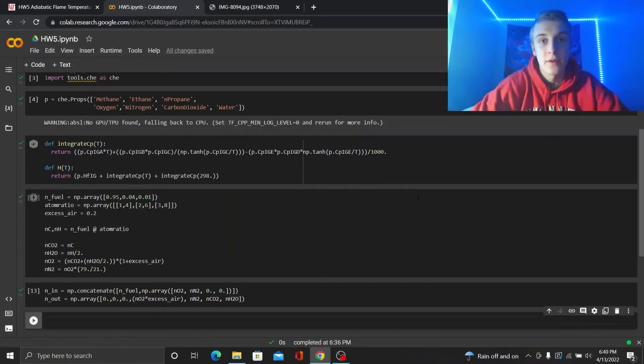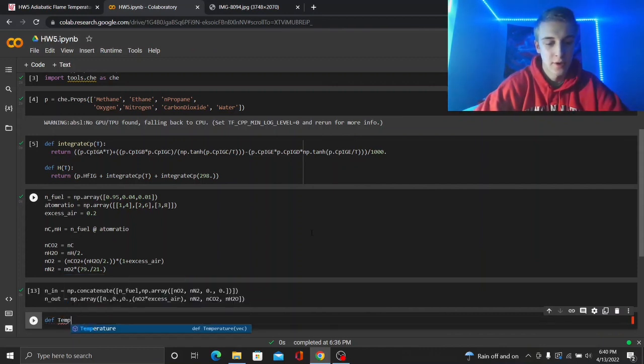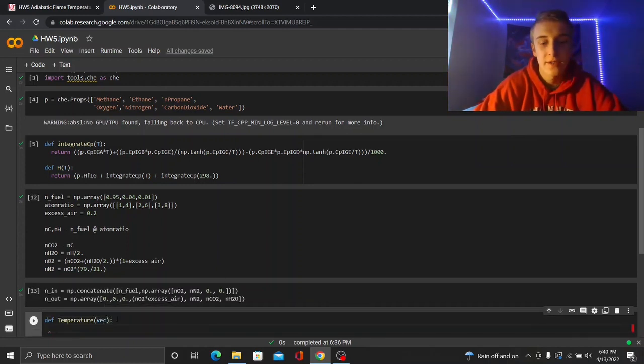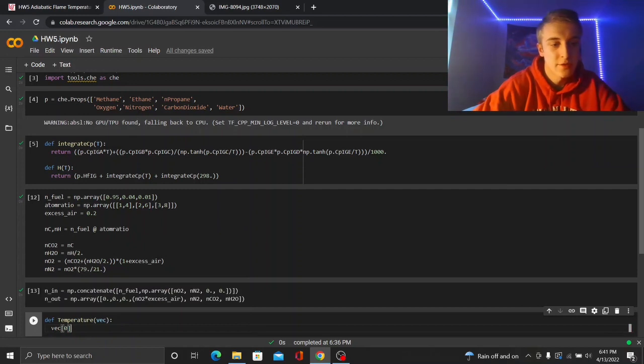Like so. Now finally we can define a function that we're going to be using the root solver on, to get our temperature. And we will be inputting a vector into this function. And the first index of our vector is going to be equal to our temperature.